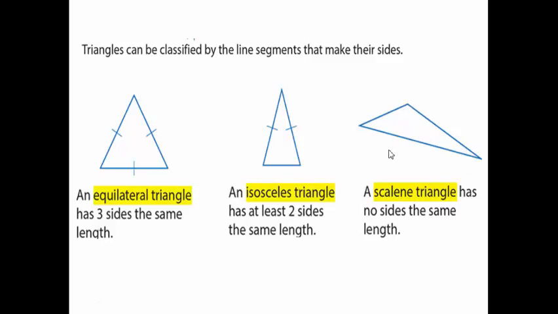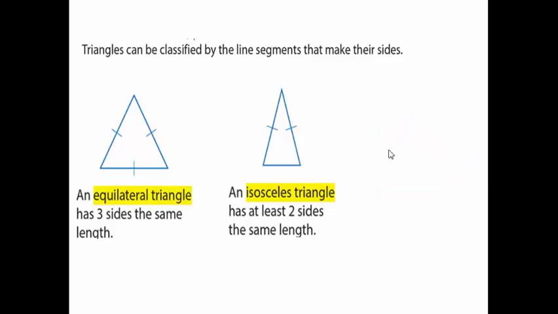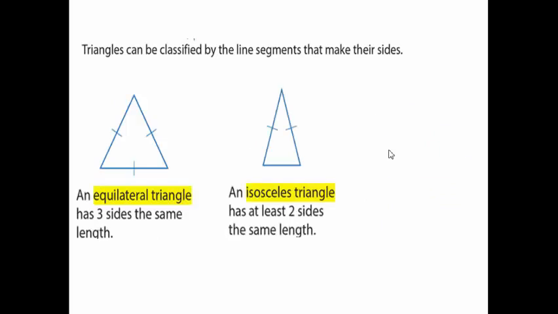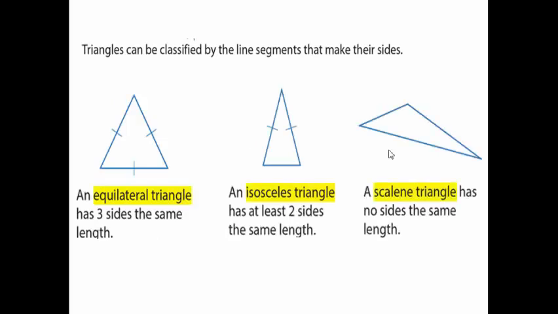So remember with me, please, we have two classifications. The first one is according to the angles: right triangle, obtuse triangle, acute triangle. And we have another classification according to the sides. How many equal sides do we have?